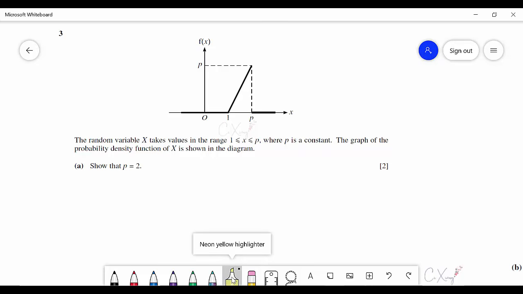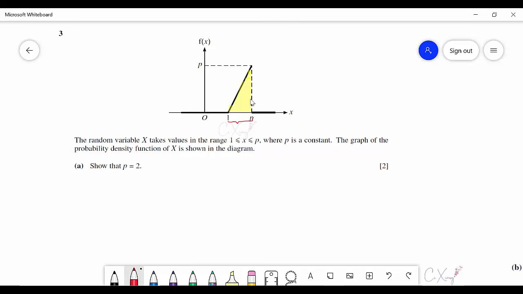First of all, you should know that for a continuous random variable, when you have a graph like this, it means that the area under the graph should be equal to 1. The area under the graph will be this triangle here, and the area of this triangle equals 1. We need the formula for the area of a triangle. You need the base.